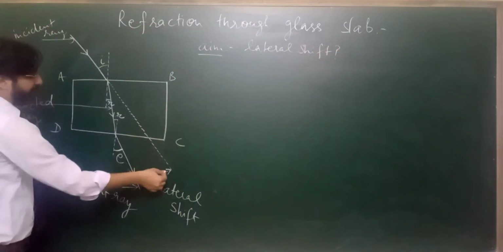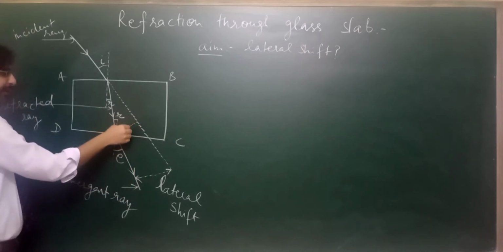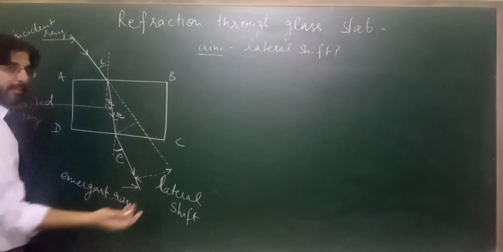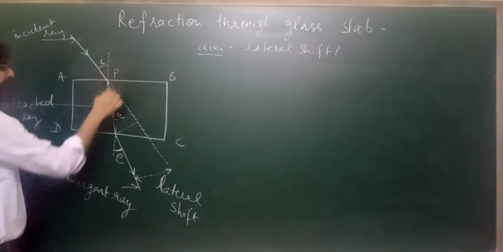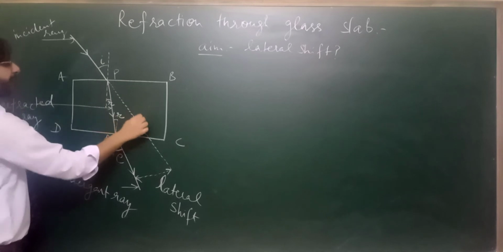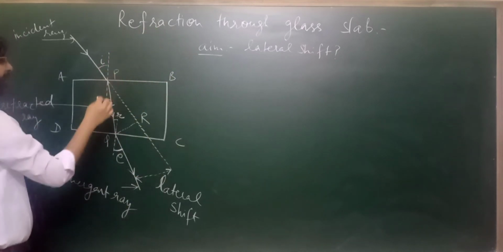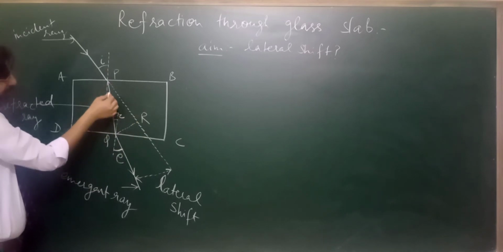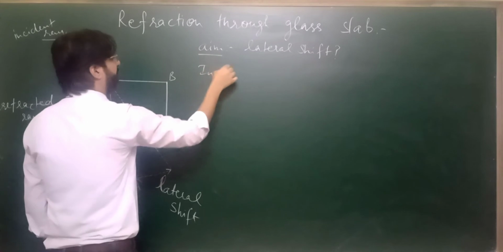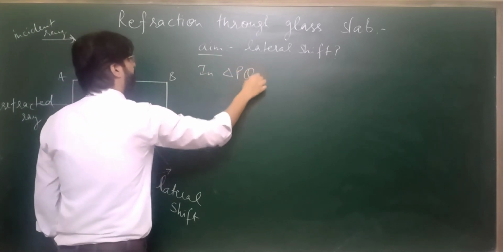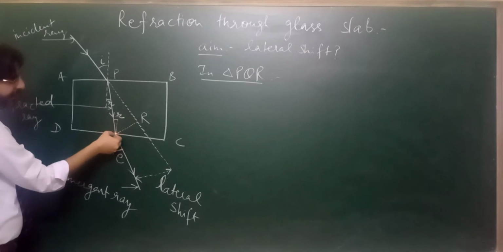Fine. So perpendicular distance we have to see. So perpendicular distance we can find from here also. We can find from any point. So suppose this point is P, this is Q, this is R. Fine. So if we see in triangle PQR, we have to find this QR.